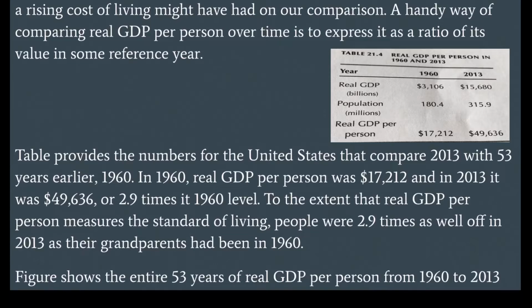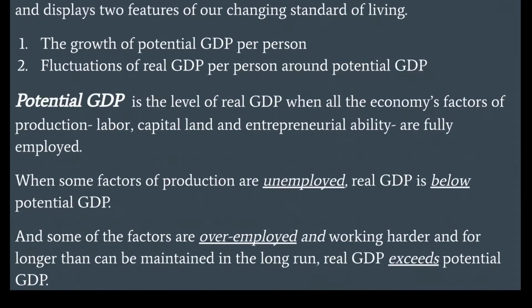To the extent that real GDP per person measures the standard of living, people were 2.9 times as well off in 2013 as their grandparents had been in 1960. The figure shows the entire 53 years of real GDP per person from 1960 to 2013 and displays two features of the changing standard of living: the growth of potential GDP per person, and fluctuations of real GDP per person around potential GDP.